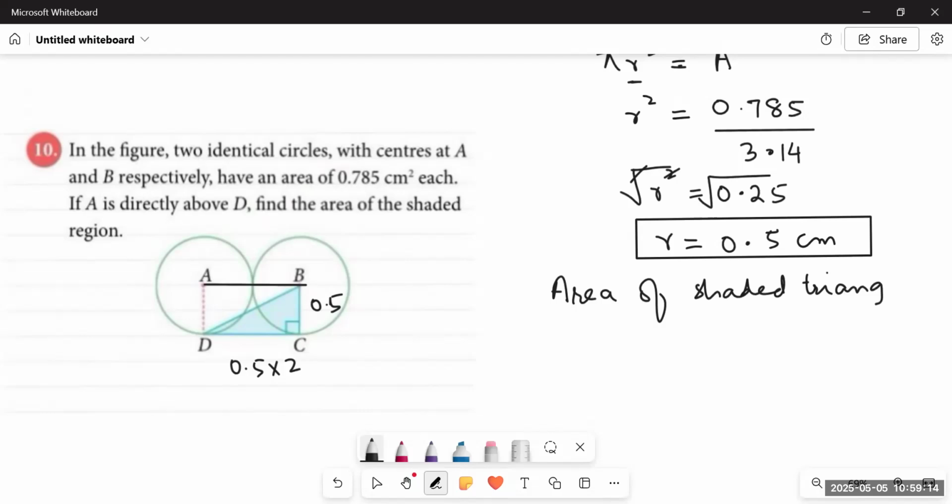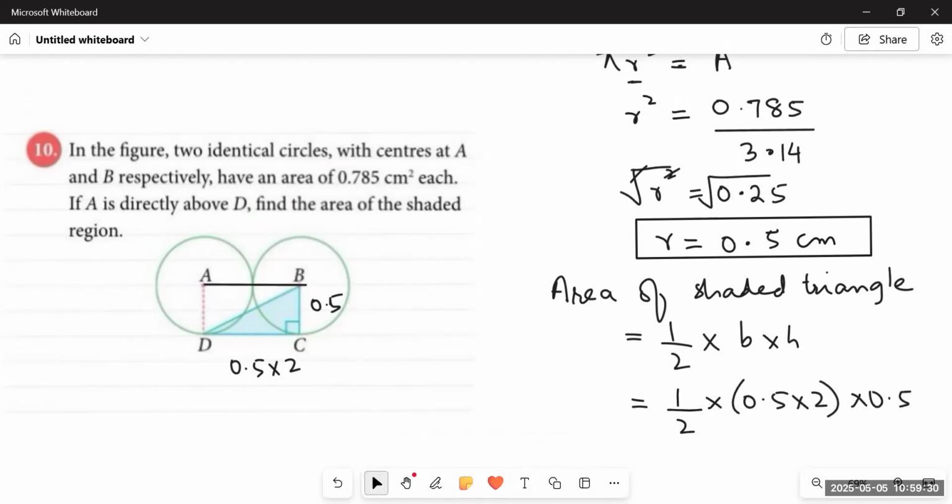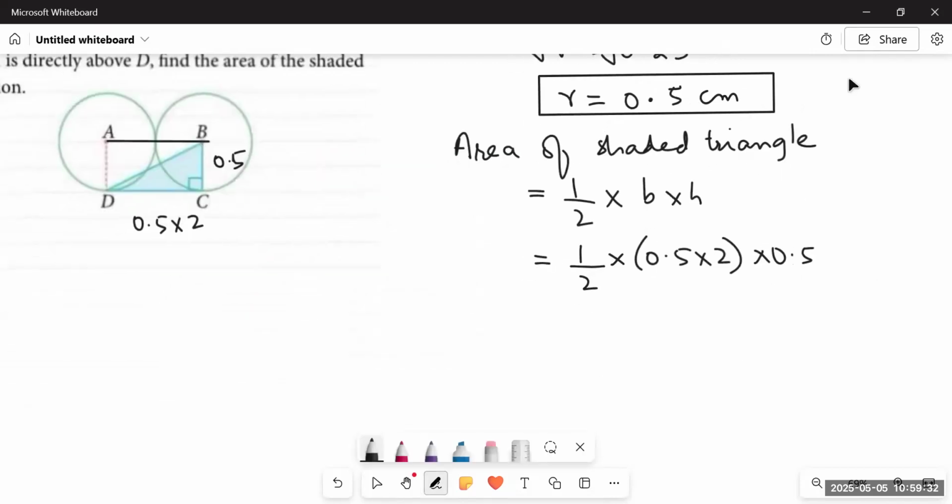For this, we are going to take half into base into height. The base would be 0.5 into 2, which is the diameter, and the height would be BC, that is 0.5. So you can say that DC is the base and BC is the height.